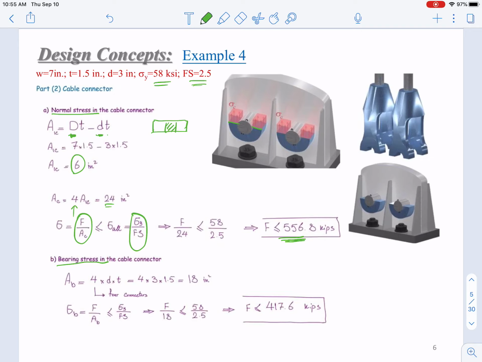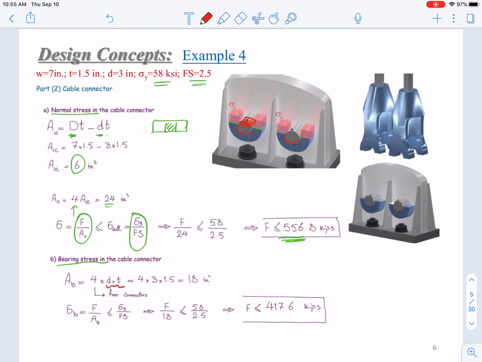For the bearing stress, as we mentioned, the bearing stress is here. The projected area would be just the diameter of the hole times the thickness of the connector.